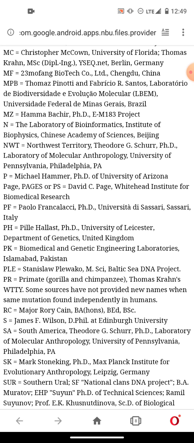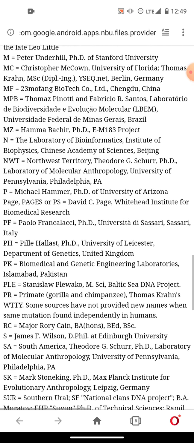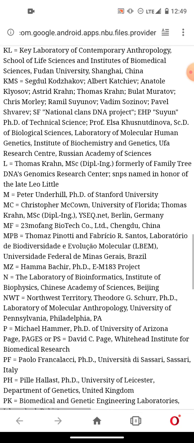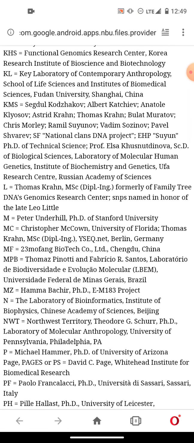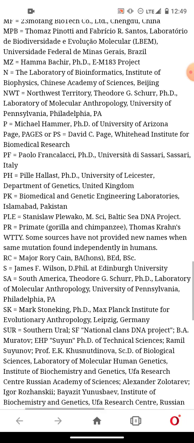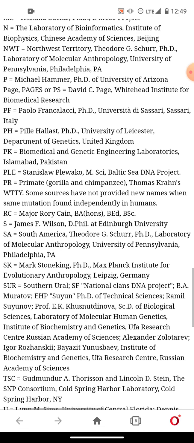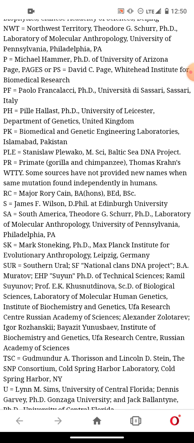So real quick, we have these testing facilities, and the best example to tell you what these are is to use my mutation as an example. Instead of saying E1b1a, 1a, 1a, and so on, they use defining mutations.